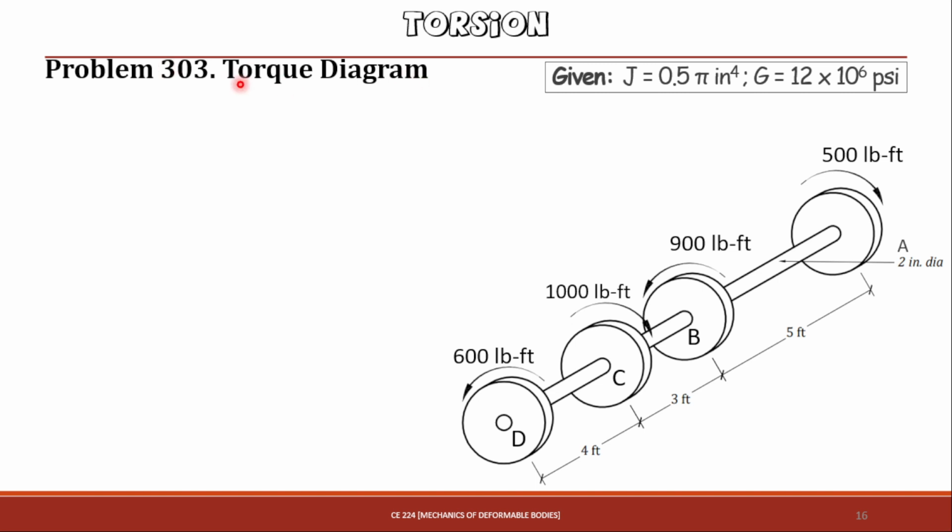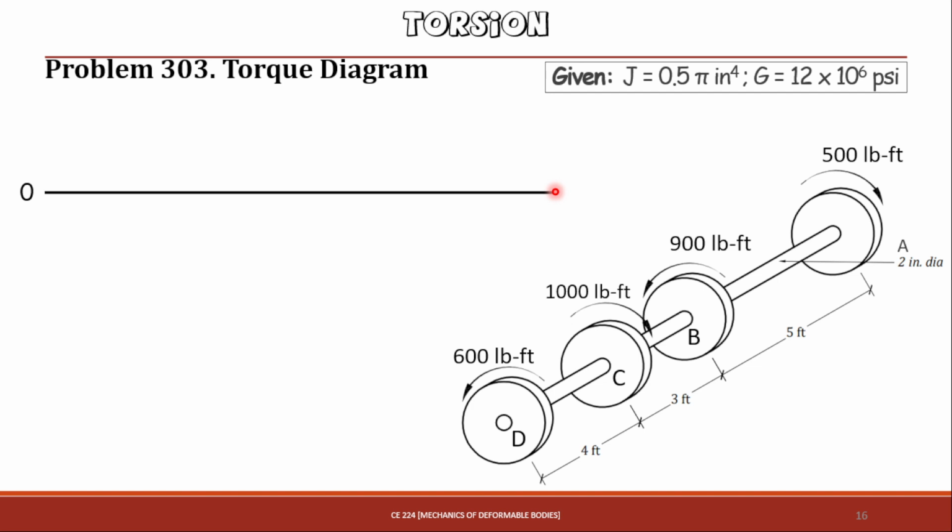Dito sa torque diagram, makikita natin yung total torque na nag-o-occur sa isang shaft. So, para makapag-draw tayo ng torque diagram, let us consider a horizontal line. Tapos, diyan it signifies a zero torque line. Ibig sabihin, wala tayong torque. Pag yung graph natin reaches this line, ibig sabihin, zero na yung torque natin doon.